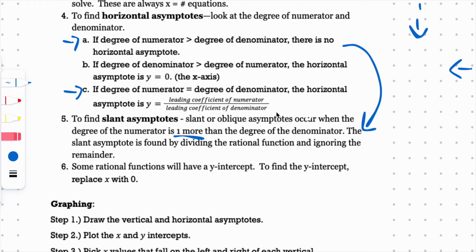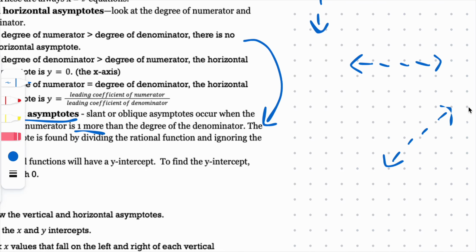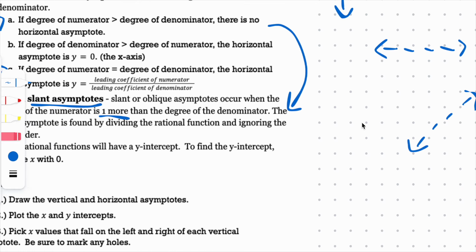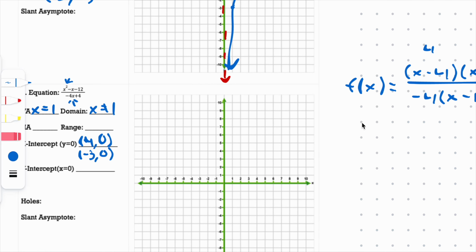But we want to look down to number 5 and see, is the degree of our numerator 1 more than that of the denominator? And it is, right? We have a degree of 2 and then a degree of 1. So that means we want to divide and find what we call the slant asymptote. Let's do that.